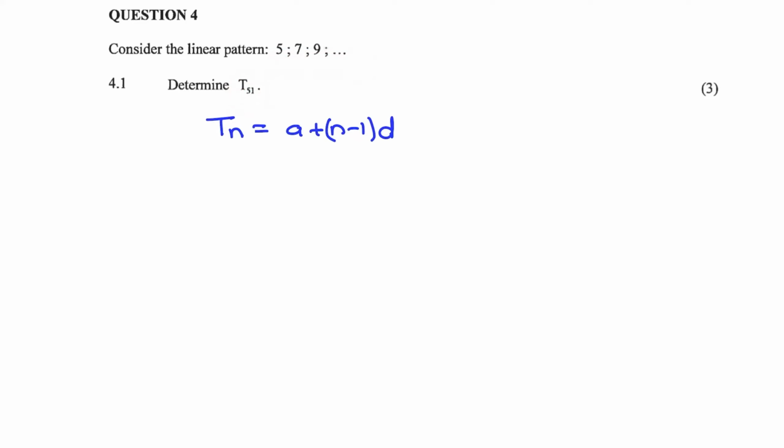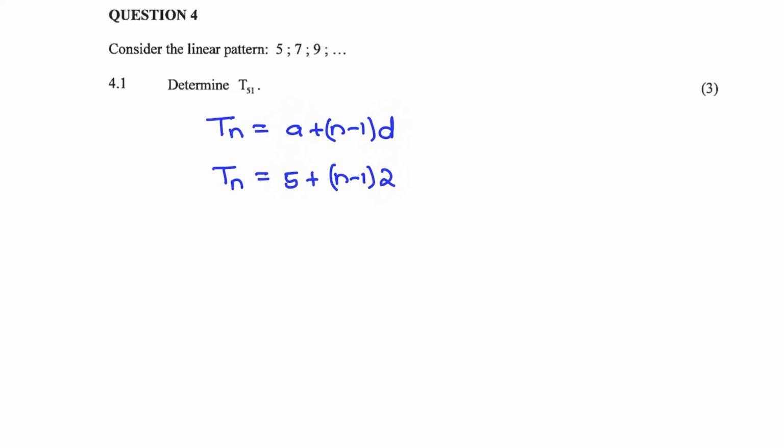pattern. And the formula for a linear number pattern is Tn equals a plus (n minus 1) d. This is available on the formula sheet, where a is the first term in the pattern and d the constant difference between the terms.